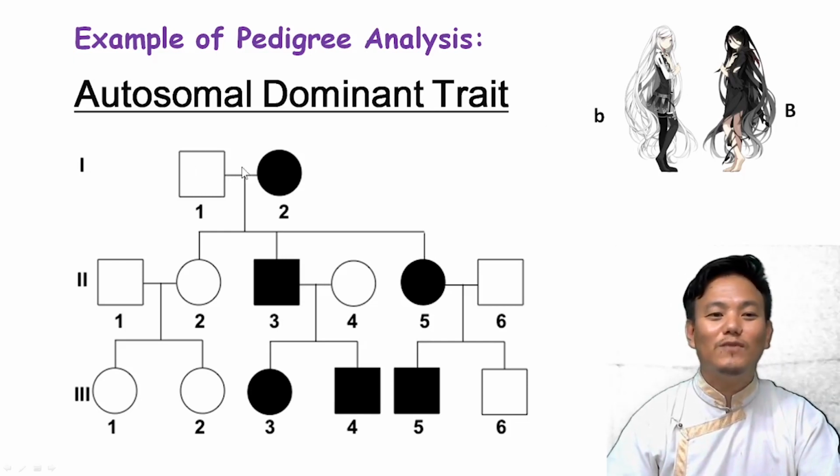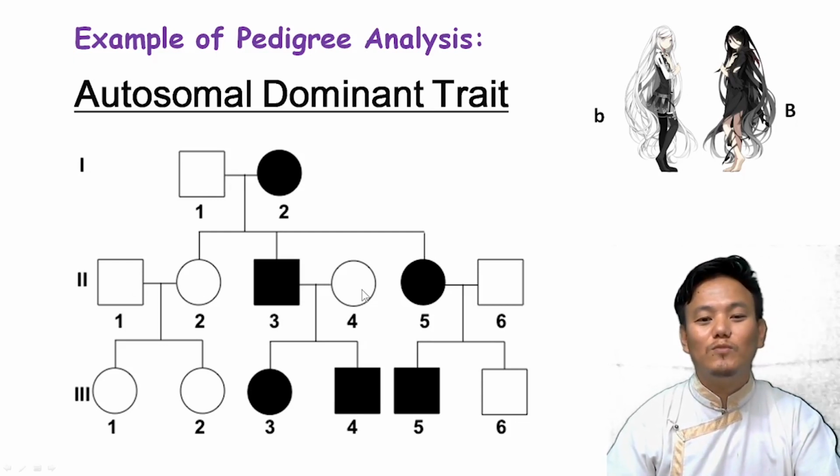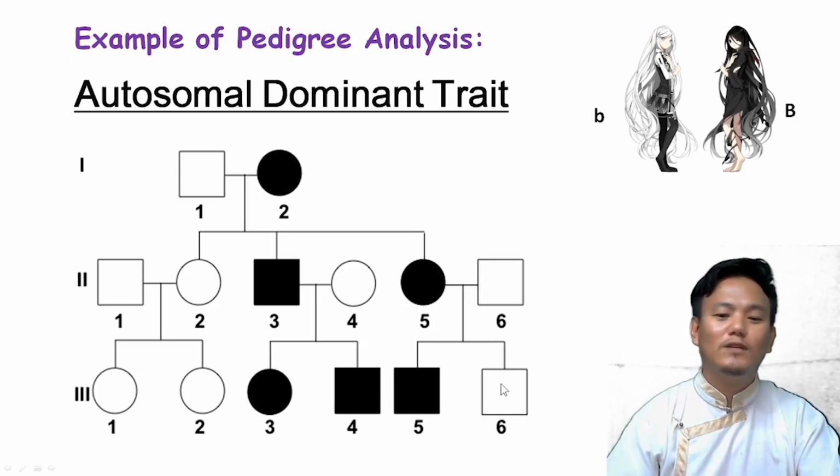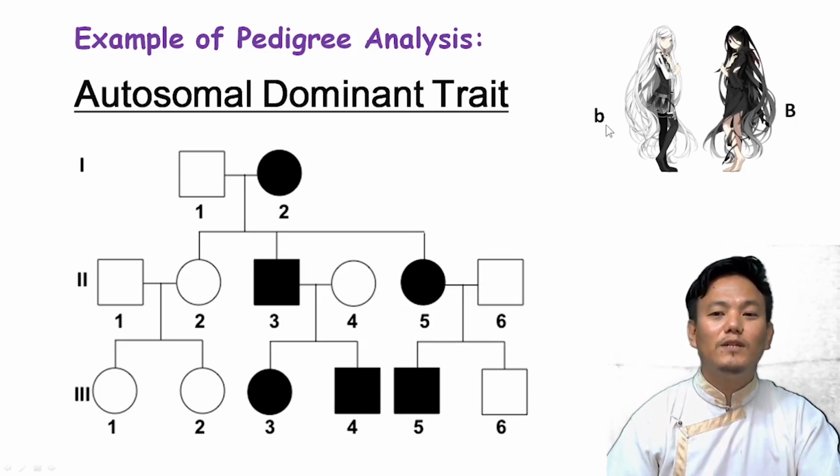So I can straight away write two small b's over here, two small b's over here, and two small b's in all the unshaded parts. It's because that is the only genotype that will not express the dominant trait, that is the black hair color. Those who have white hair color are bound to have a homozygous recessive genotype.